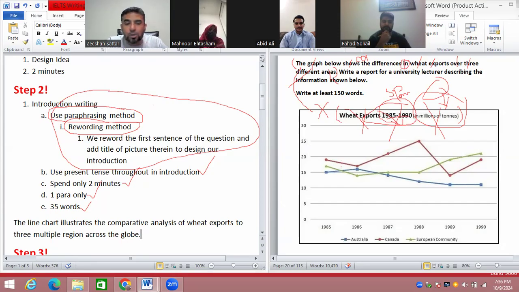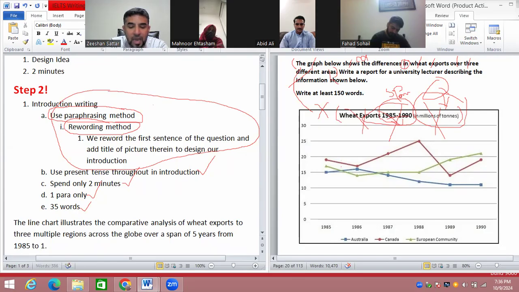The line chart illustrates the comparative analysis of wheat exports to three multiple regions across the globe. Full stop. So I have added the year, over a span of 5 years from 1985 to 1990, full stop.